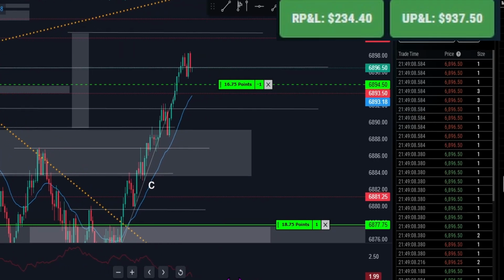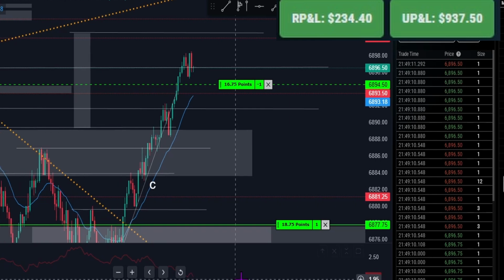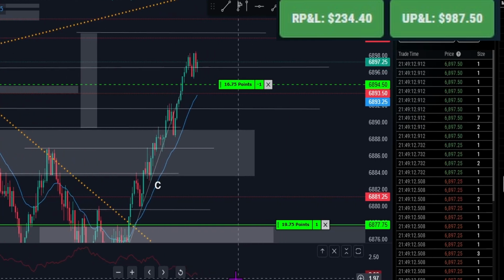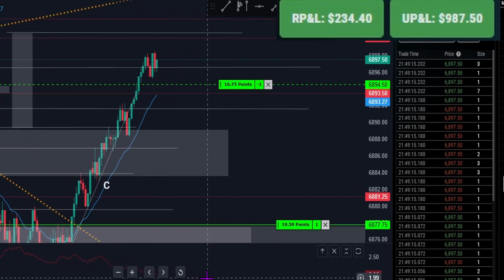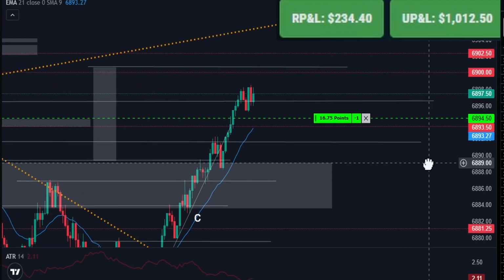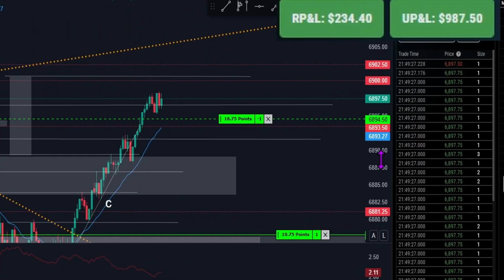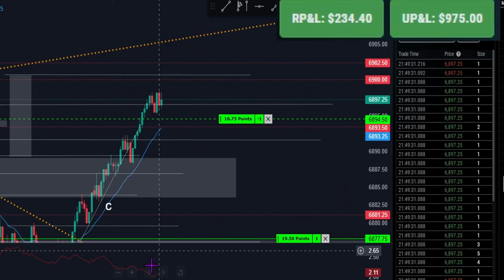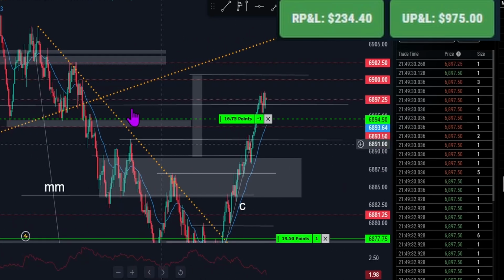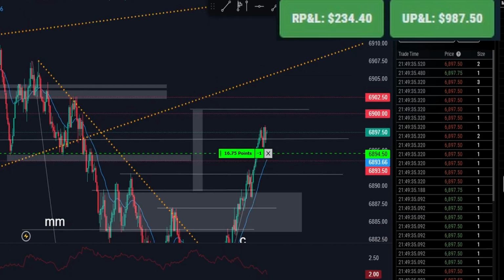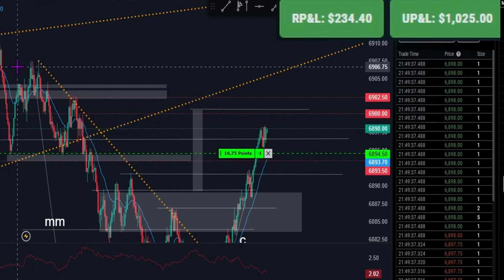So there's still some room for the movement. I think this could go to previous swing high. It'd be something like here, like something like that.